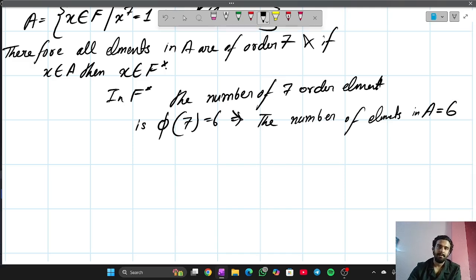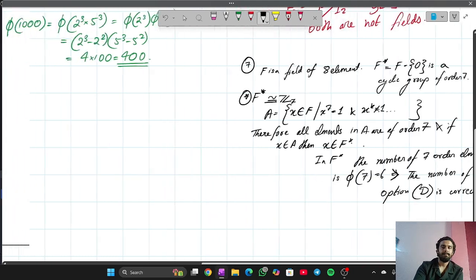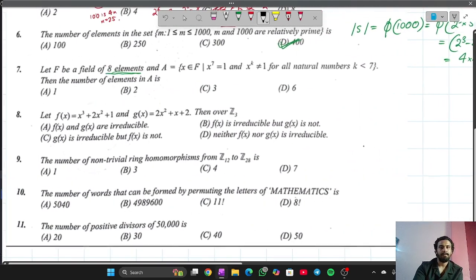So this implies the number of elements in A is equal to 6. So option D is correct. Therefore option D is the correct answer here.